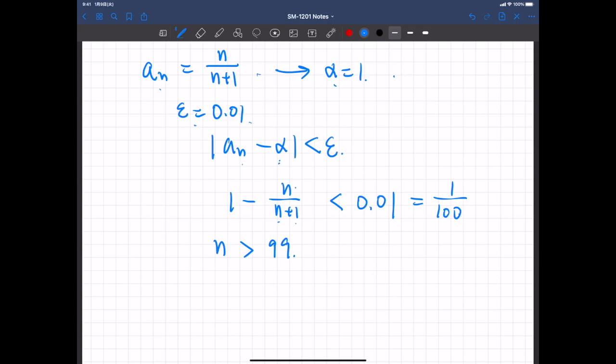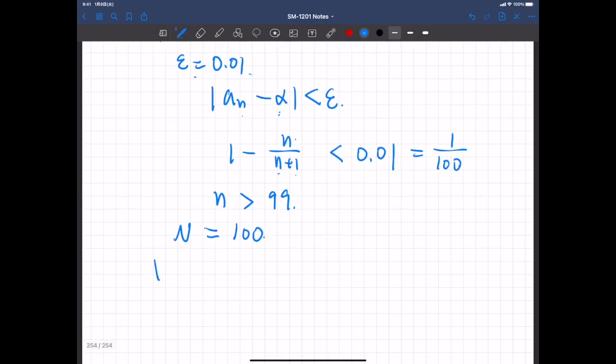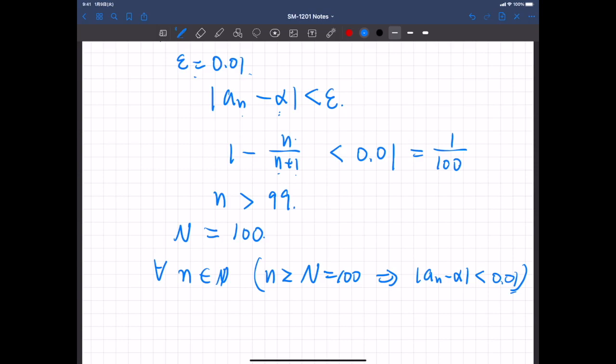So if we put capital N equal to 100, then for any natural number that is greater than or equal to 100, we have |a_n minus alpha| less than 0.01.